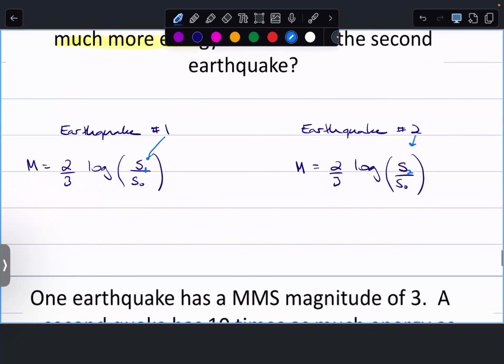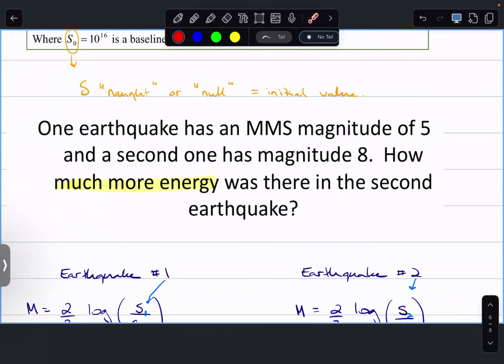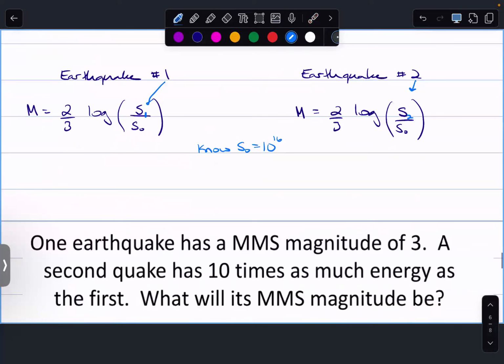We know S naught is 10 to the 16 for both of these. Earthquake number 1 had a magnitude of 5. So we have 5 is 2/3 times the log of S1 over 10 to the 16.